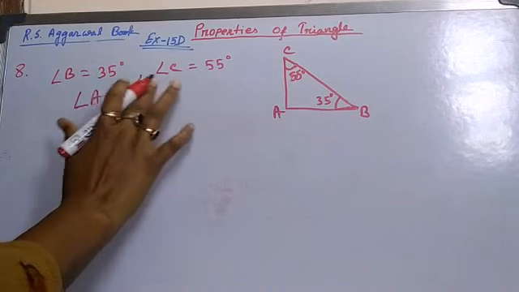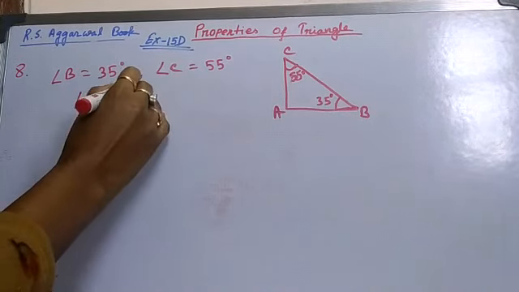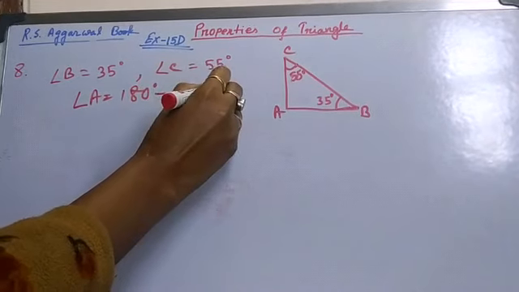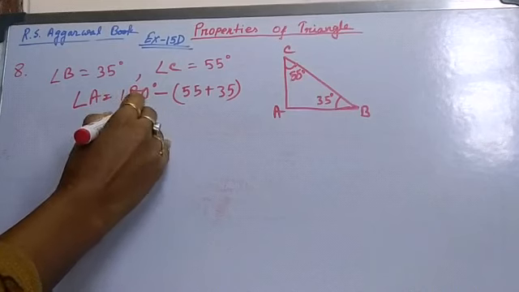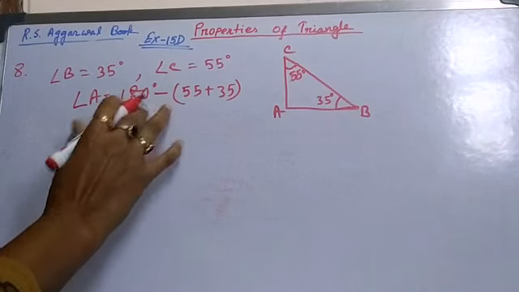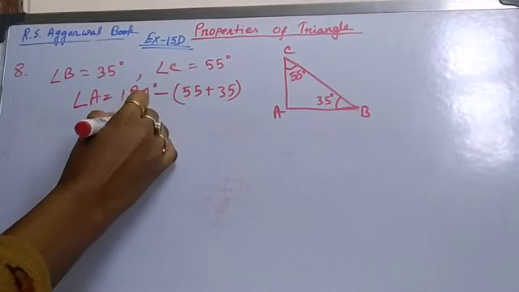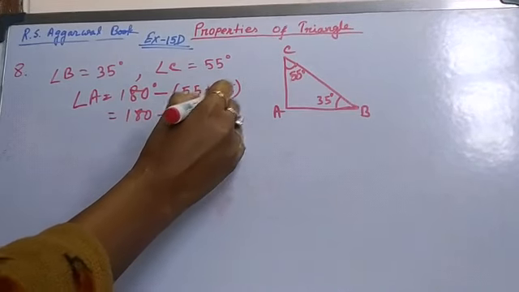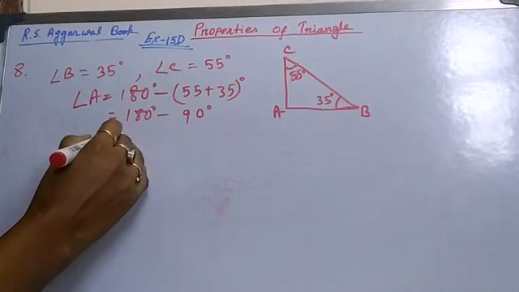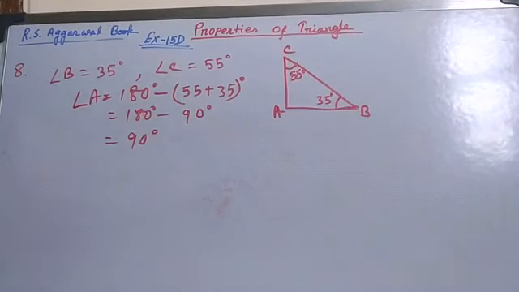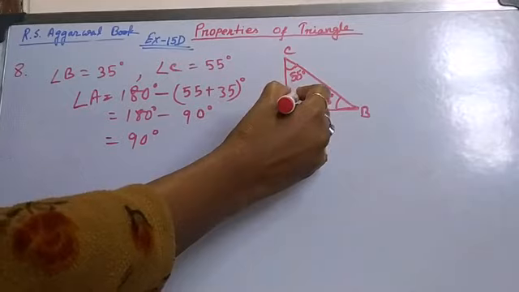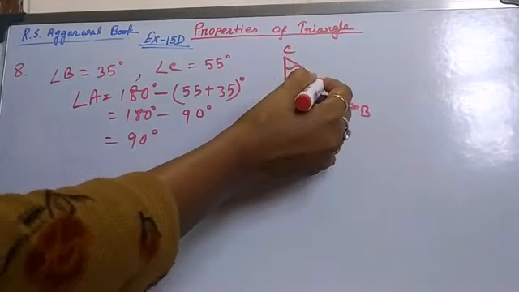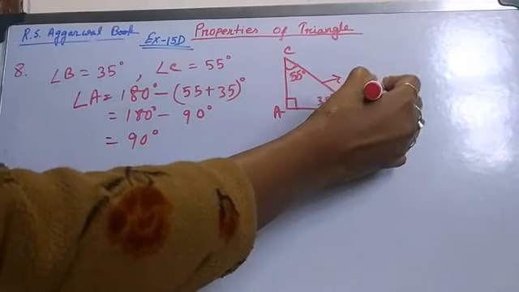By subtracting, that is 180 degree minus 55 plus 35. This is 90 degree. So angle A is 90 degree. Its opposite side is hypotenuse. This is hypotenuse.